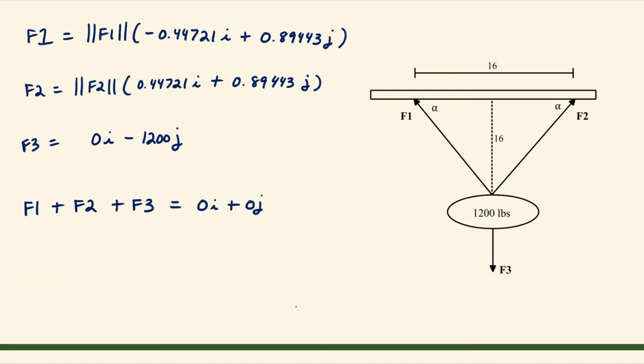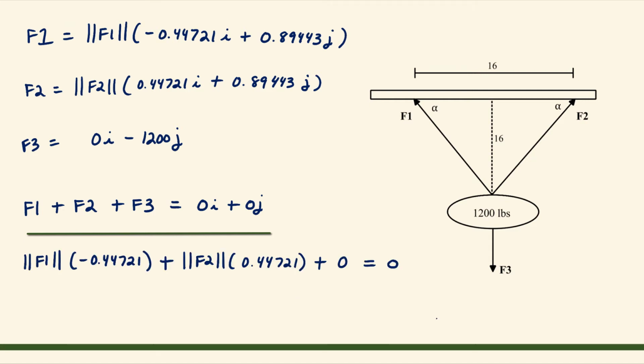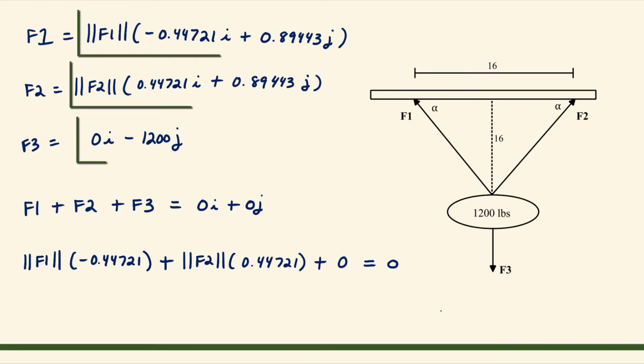Since the system is in equilibrium, we need force vector F1 plus force vector F2 plus force vector F3 to equal 0I plus 0J. This means that the magnitude of force vector F1 times negative 0.44721 plus the magnitude of force vector F2 times 0.44721 plus 0 must equal 0.